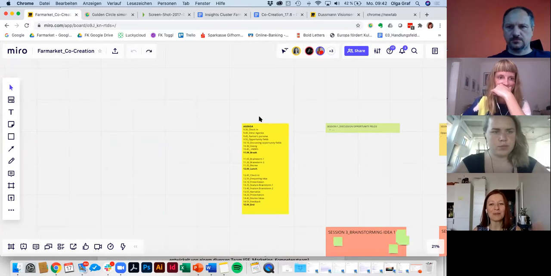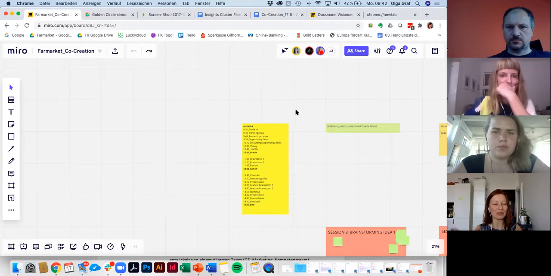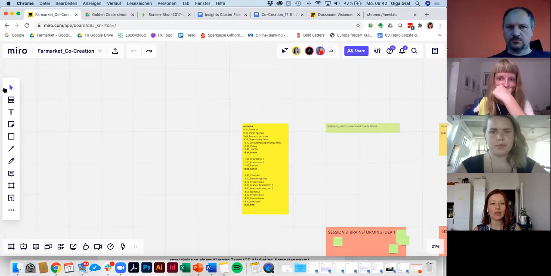But please be aware, if we will be working in one board together, it would be great that you do not move around any of the elements. Sometimes it happens by accident because we forget to switch between the arrow and the hand. All the other necessary tools that we will be using are also on the left side, but we will guide you through whenever we need one more tool.